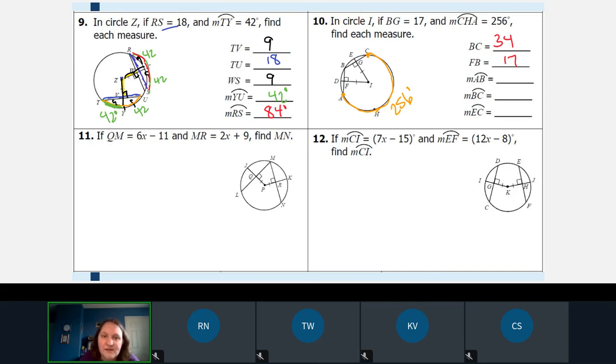All right, well, we know that chord BA and chord BC are congruent, which means that arc BA and arc BC are congruent. I'm going to call them X, just because I don't know what they are, but they're the same thing. But we know that the measure of a circle is 360. So we can say, oh, well, the 2 X arcs plus the 256 arc, they all have to add up to 360.